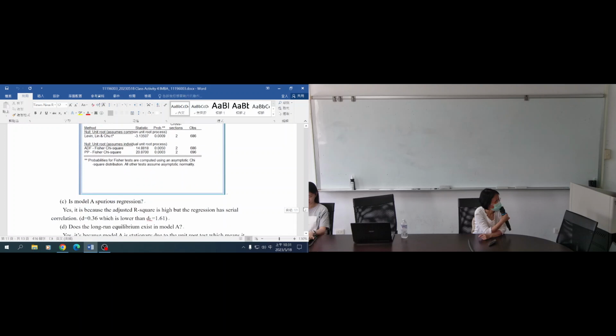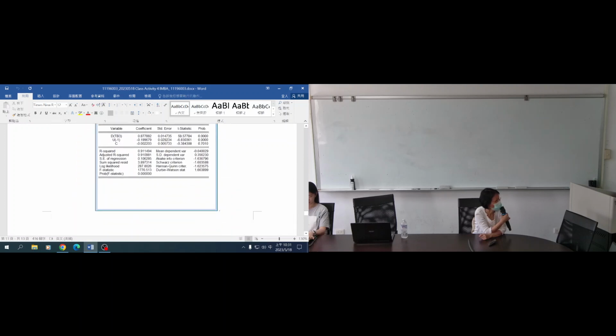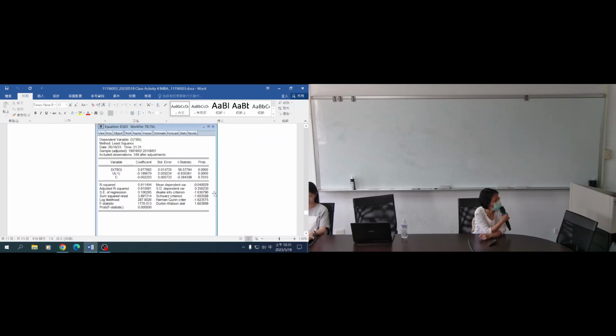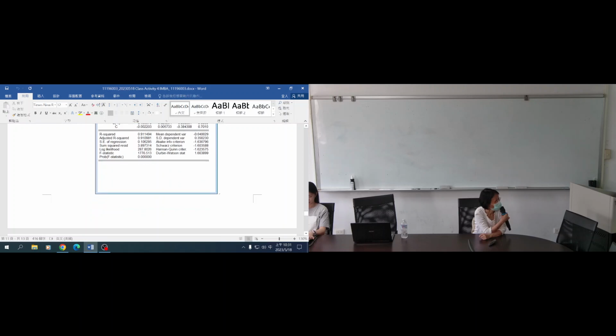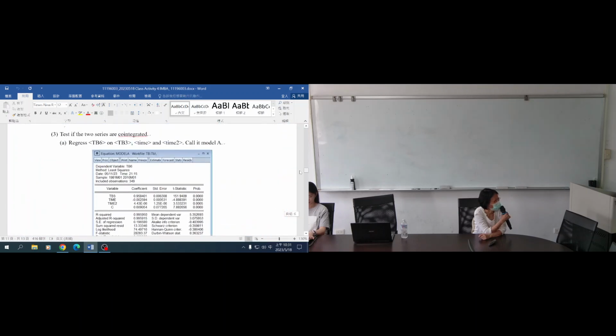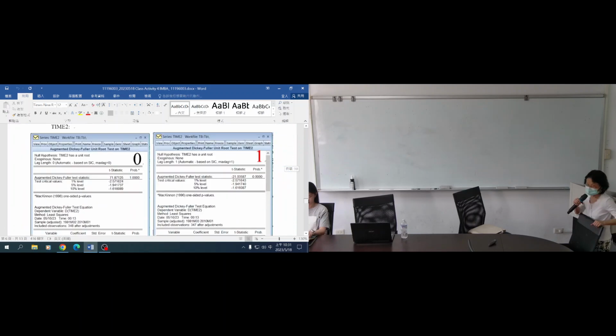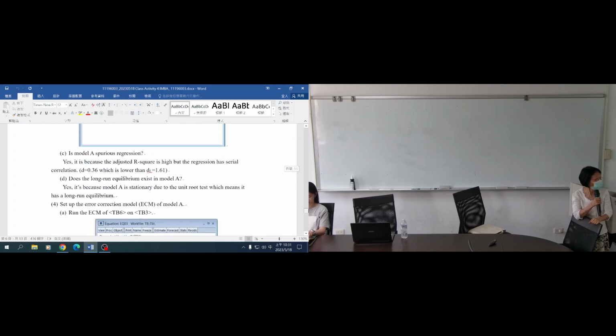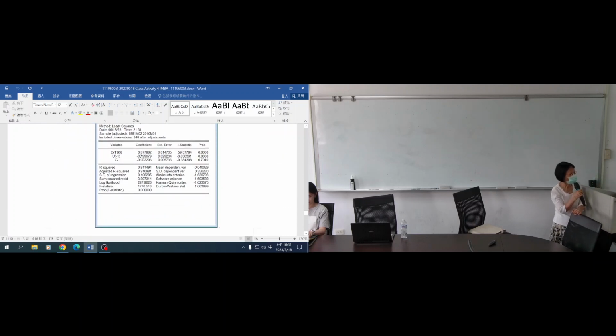Yeah, this is the long run. So let me see the long run coefficient. This is the long run, based on TB3, so it's 95 something. And this one is 88.